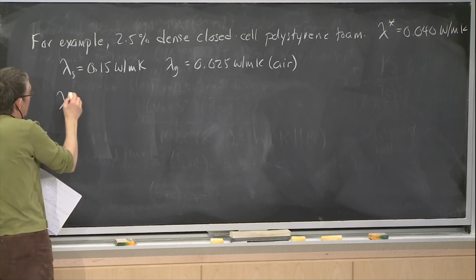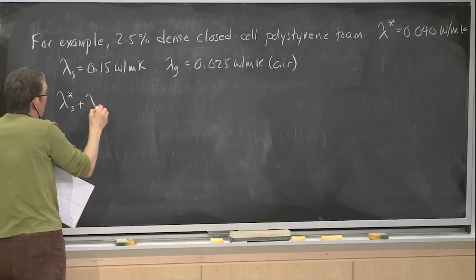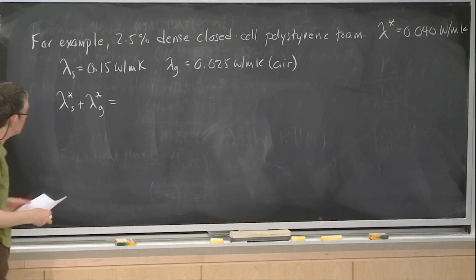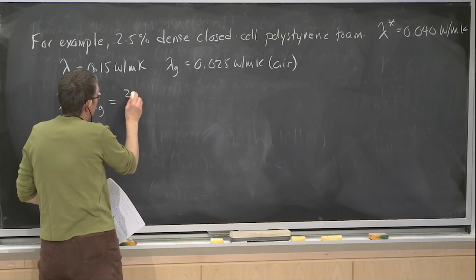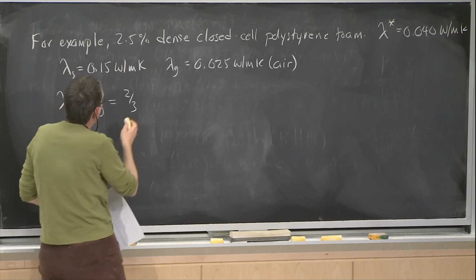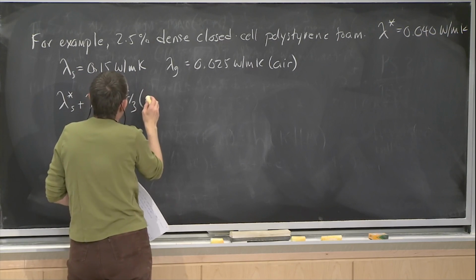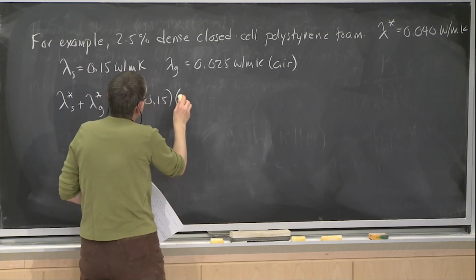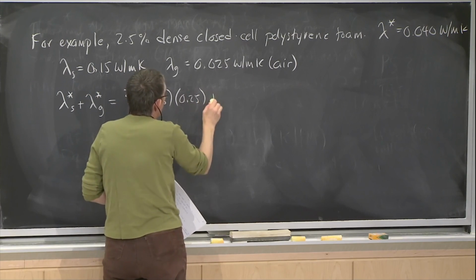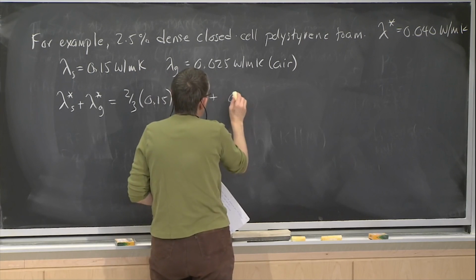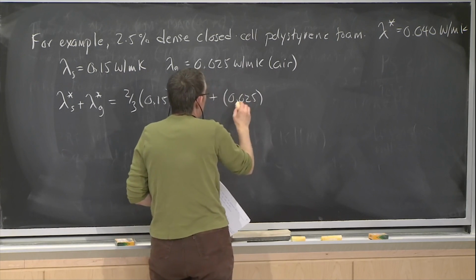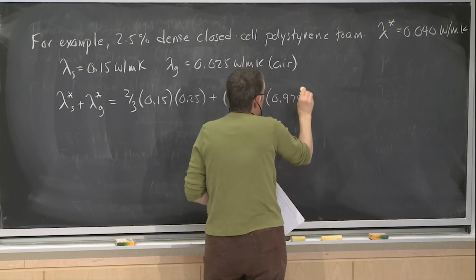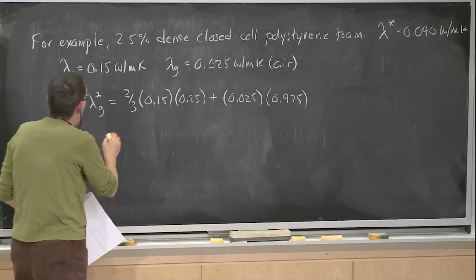And then if I just add up the contribution of conduction through the solid and conduction through the gas. So if I just use those two little equations, conduction through the solid, it's going to be 2/3 of this value lambda s times the amount of the solid, so that's 0.025, and then plus lambda g, which is 0.025, times the amount of the gas, which is 0.975.